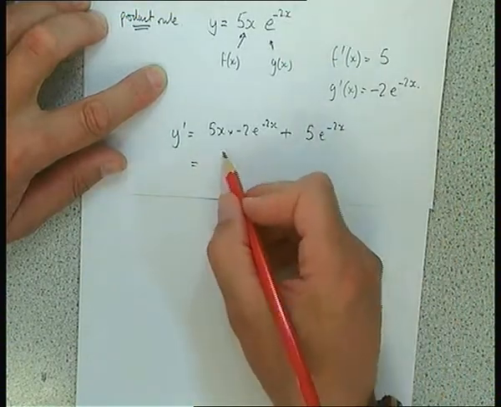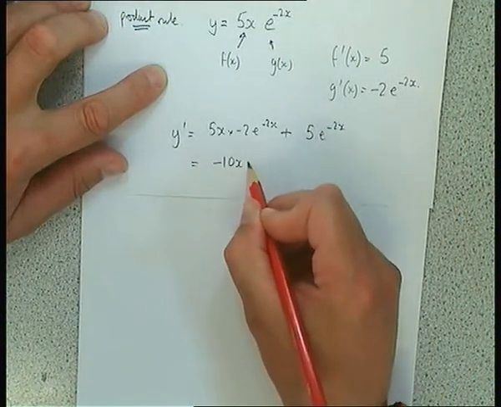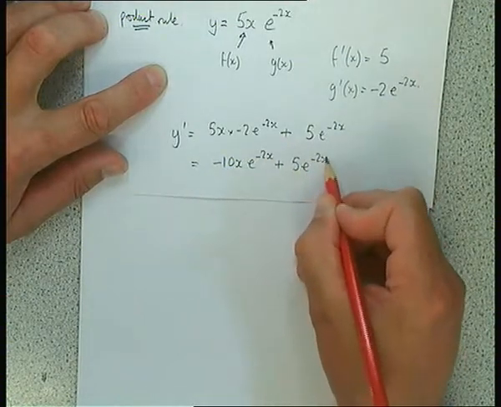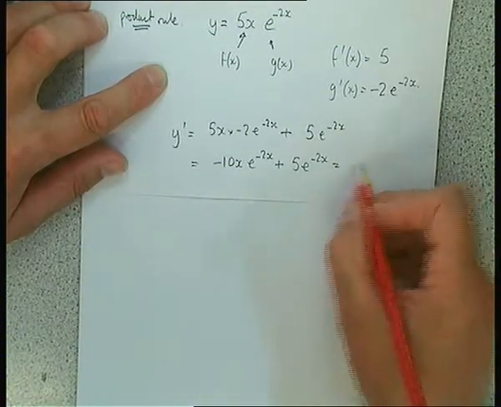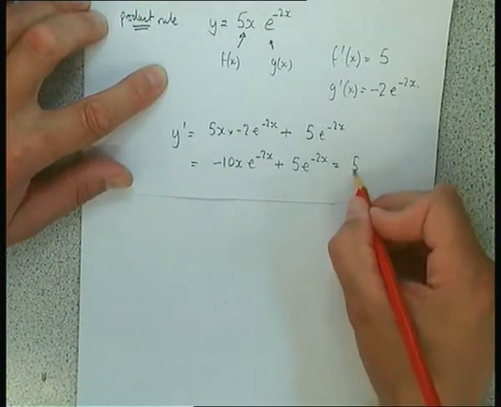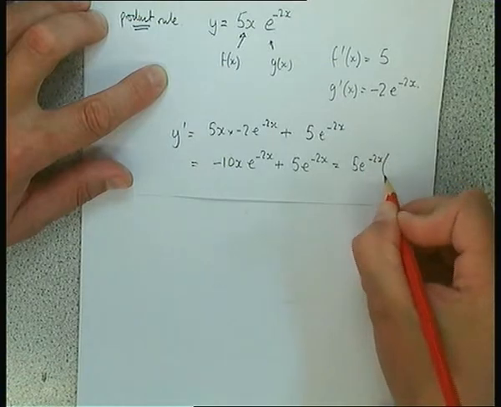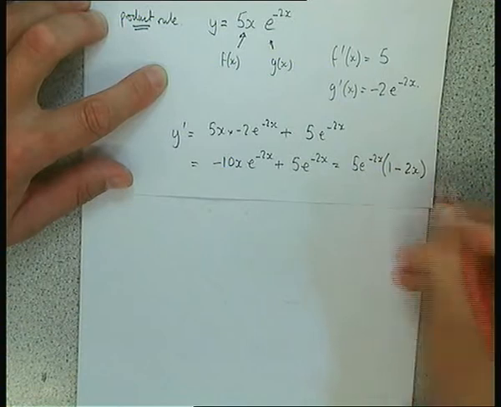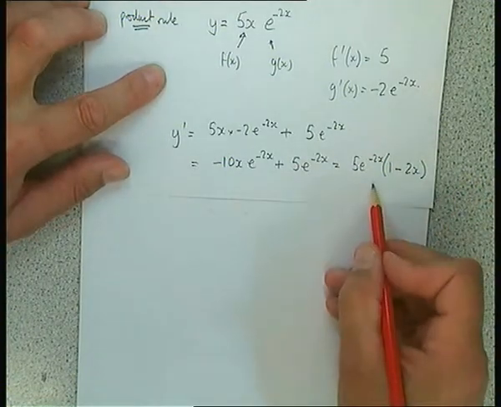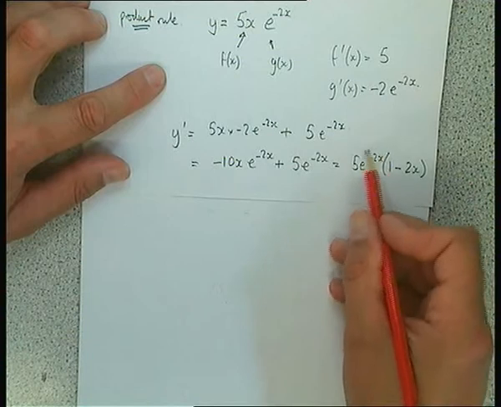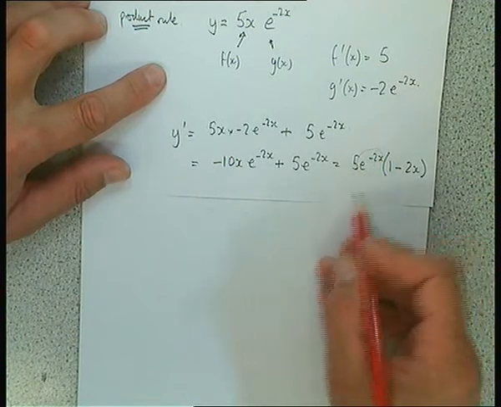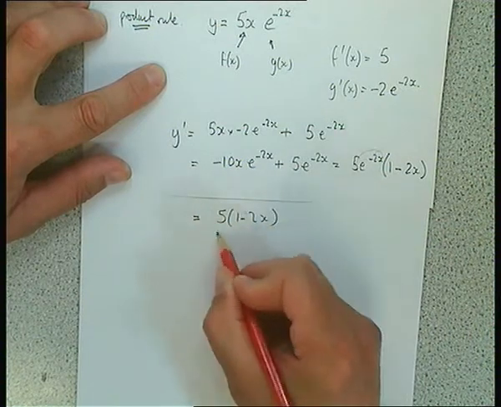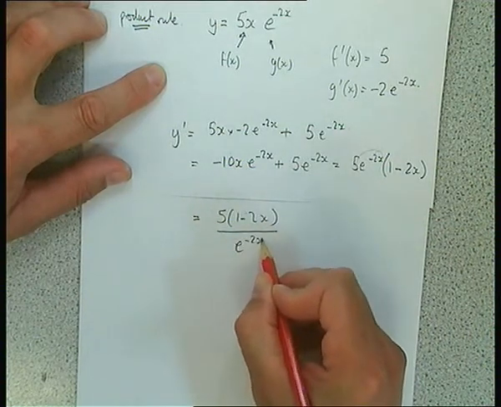Well this is equal to minus 10x e to the minus 2x plus 5e to the minus 2x, which I can take a factor out, and I'm going to put the minus second. It gives me 5e to the minus 2x multiplied by (1 - 2x). And as we did before, e to the minus 2x is 1 over e to the 2x, and so that is equal to 5(1 - 2x) over e to the 2x.